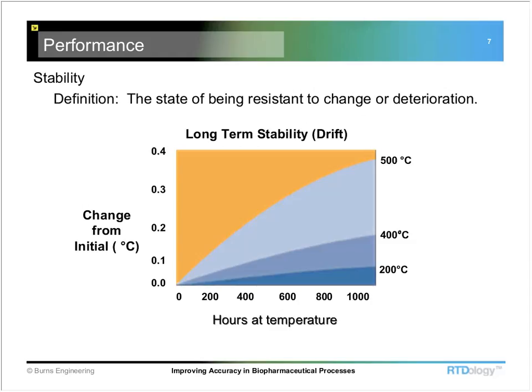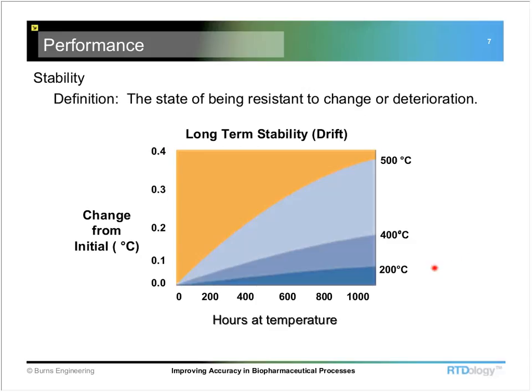The next thing to look at in the performance specs would be the long-term stability or the drift rate of the part. And this can vary quite a bit between the different sensor designs. It varies a lot between manufacturers also. This is a typical range of drift that you would see with a typical industrial quality RTD.